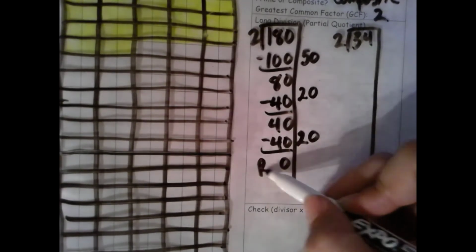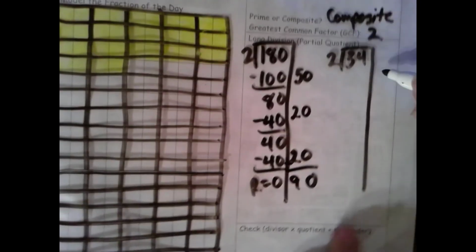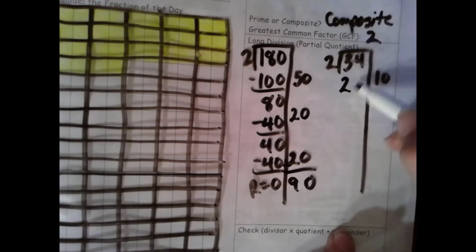Numbers the same, zeros the game, more on top, no need to stop. 20 times 2 is 40. Numbers the same, zeros the game. Add up these partial quotients. 0 plus 0 plus 0. 5, 6, 7, 8, 9. I get 90.